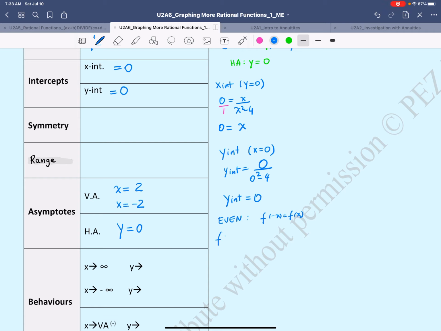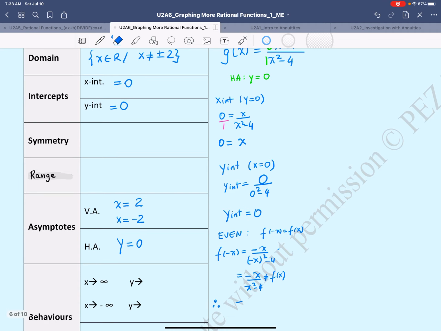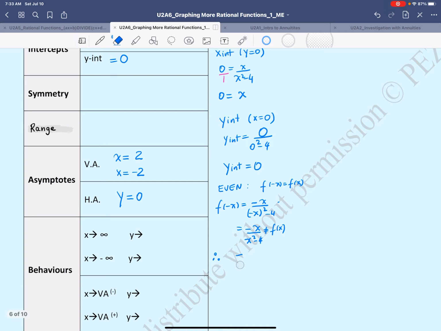So f of negative x in our case will be negative x over (negative x) squared minus 4. So that would be negative x over x squared minus 4. And this is different than f of x. So therefore, we're going to say that this function does not have even symmetry.